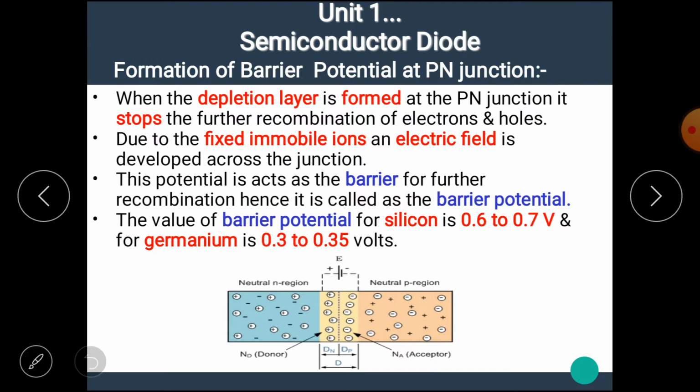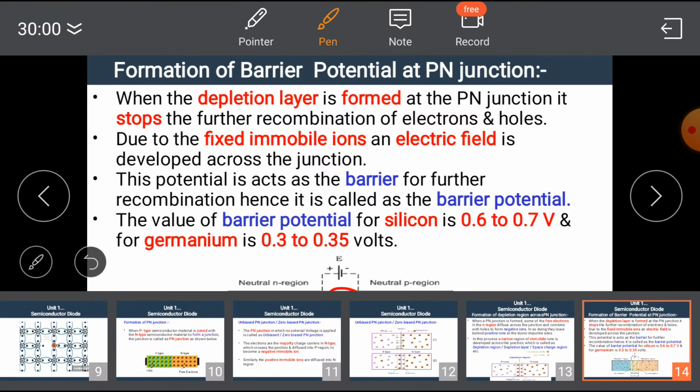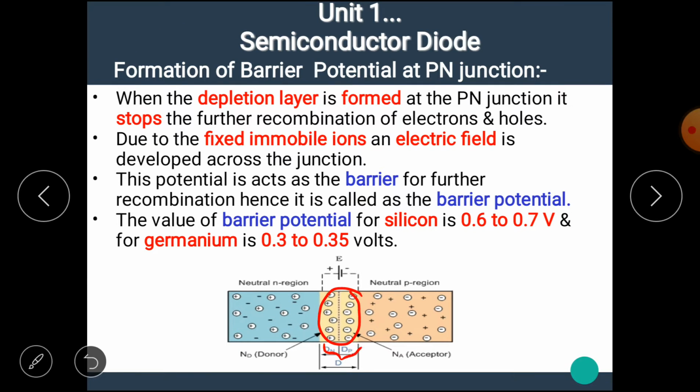Let's see what actually happens in the barrier potential. We know that in an unbiased PN junction diode, the electrons and holes recombine with each other and become immobile ions at the junction. This region is called the depletion region. In this depletion region, a potential, or in other words a voltage, is developed, and this voltage is called the barrier potential or barrier voltage.